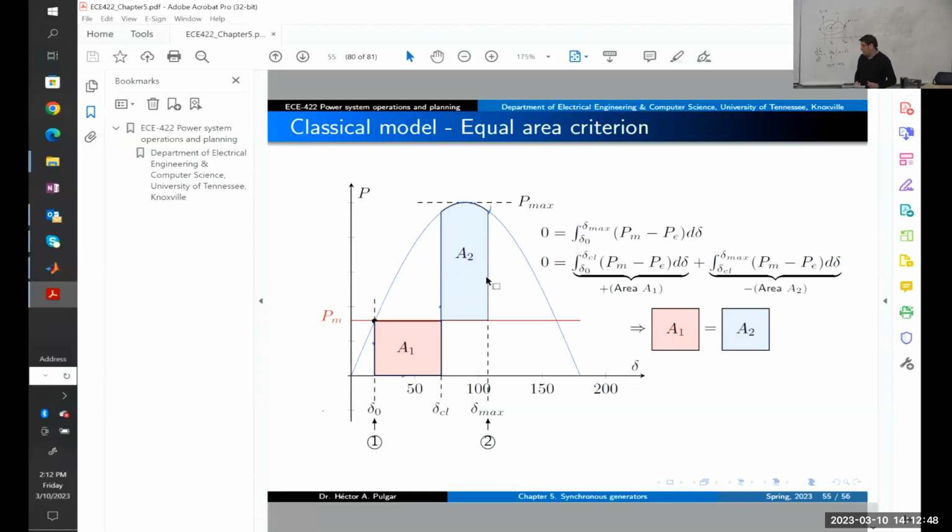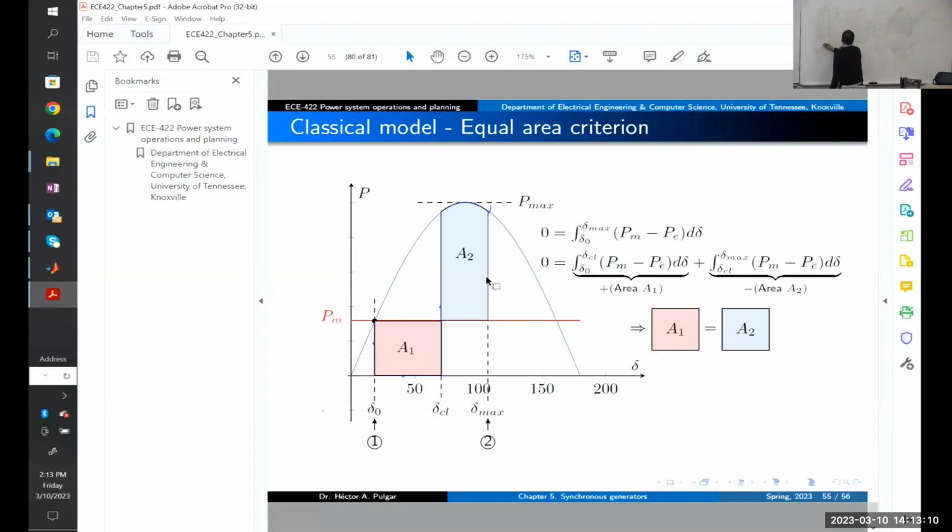Another application, and this is what we're going to discuss today, is that we can consider an extreme case. An extreme case is we should never let the angle get any close to the saddle node point.